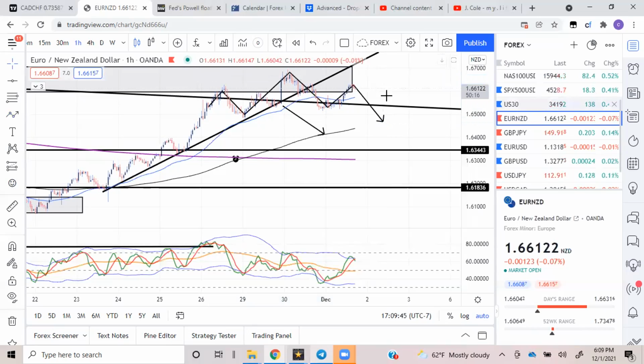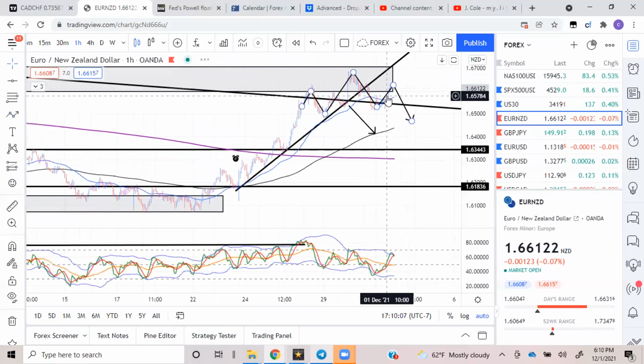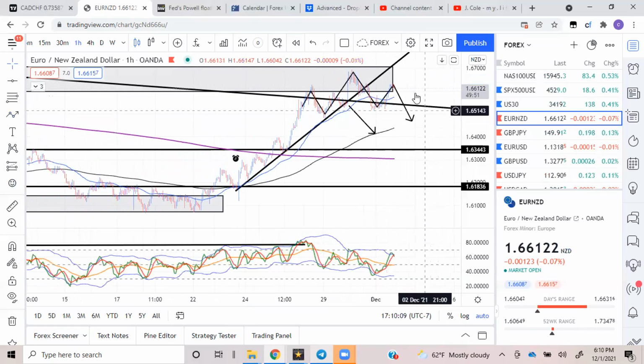So with all of that going, I am looking for this to be a major sell, hopefully. So we will see how that turns out. If it turns out how we want it to, great, it will be fantastic. But that's what I'm looking for right now in the market.